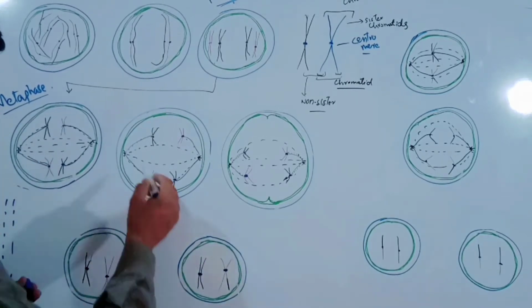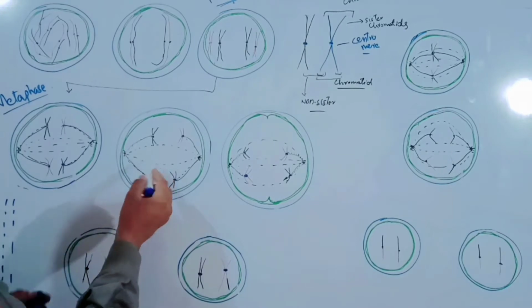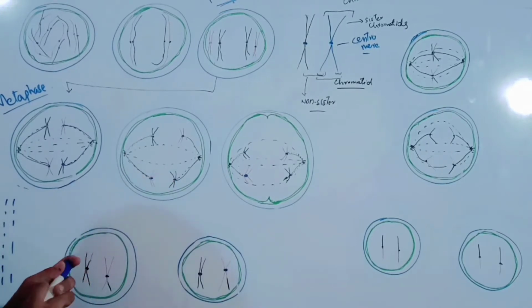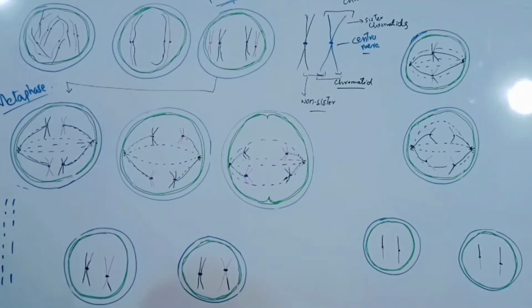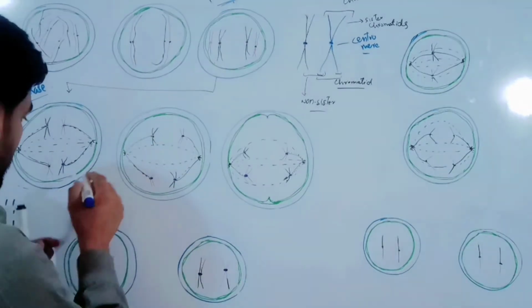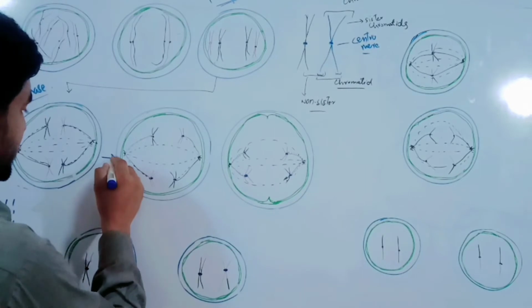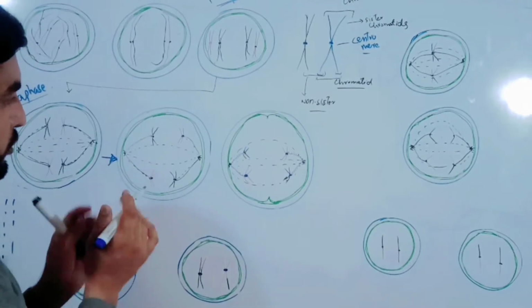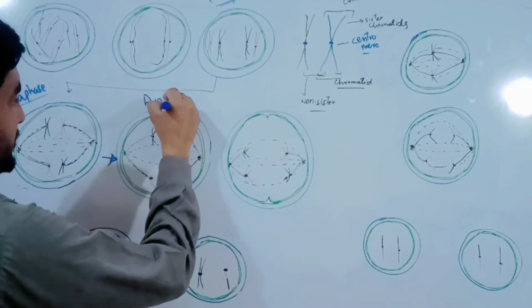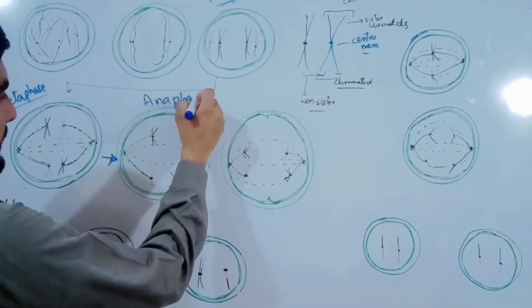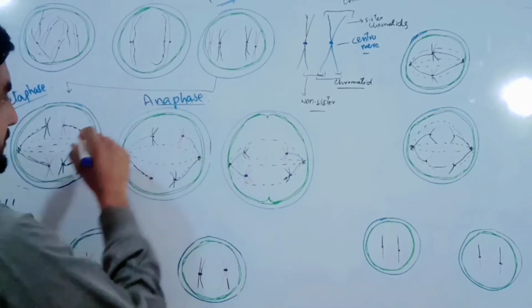Now the spindles pull the homologous chromosomes, the individual chromosomes of the homologous pair, and they try to move them apart. The phase in which the homologous chromosomes are separated is called anaphase. This is the anaphase.